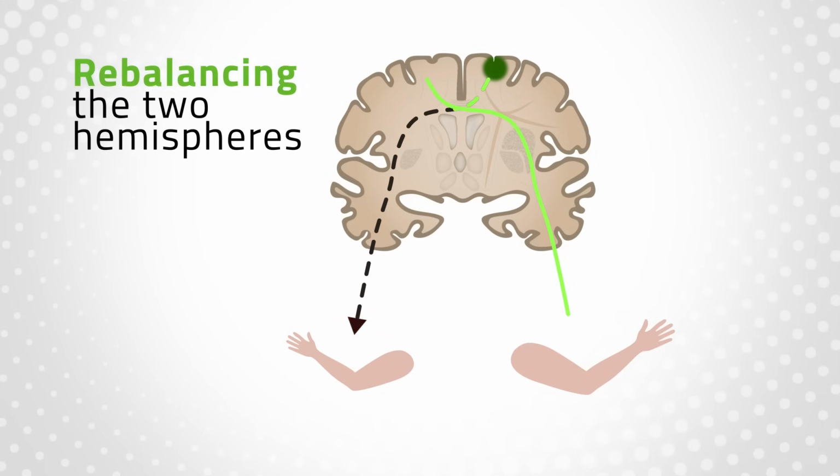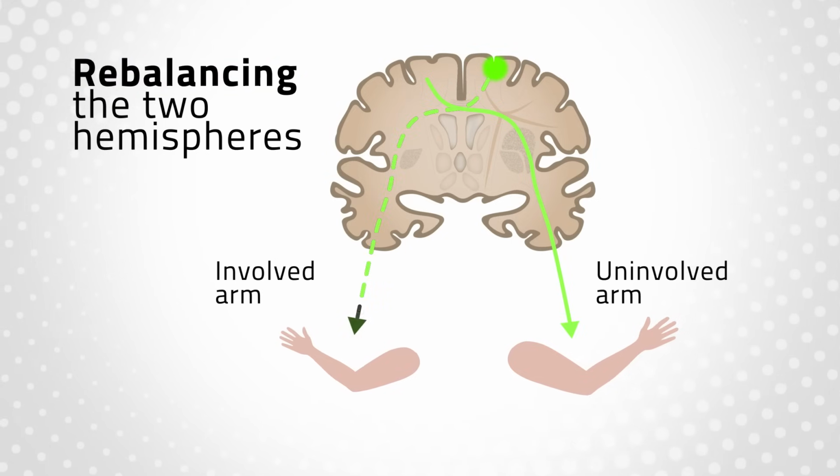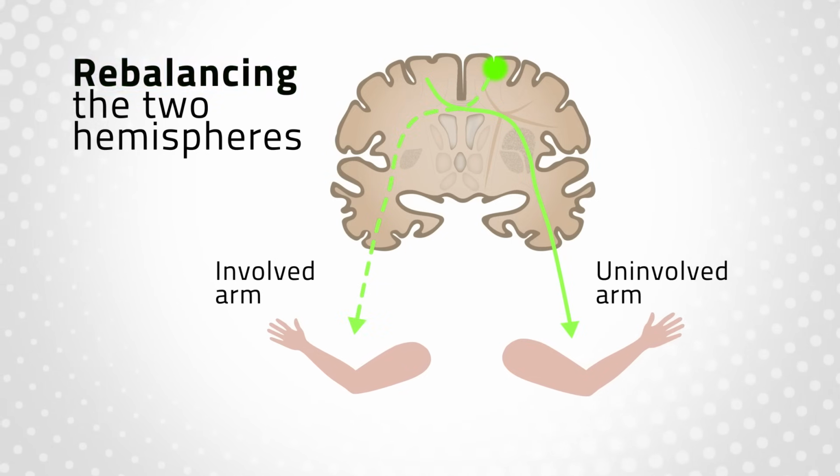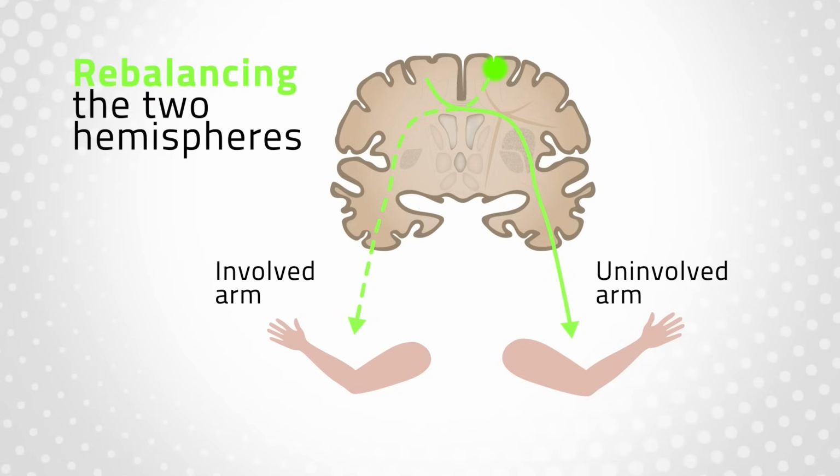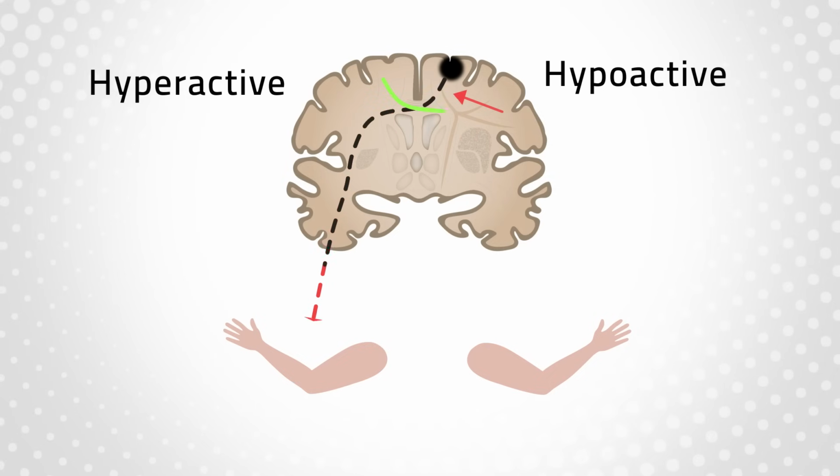Now, before we talk about rebalancing theories, we need to talk a little bit about what an imbalance is. An imbalance is when, as I mentioned earlier, the exact example of maladaptive neuroplasticity, we have you do things with your intact arm, the arm not impacted by the stroke.